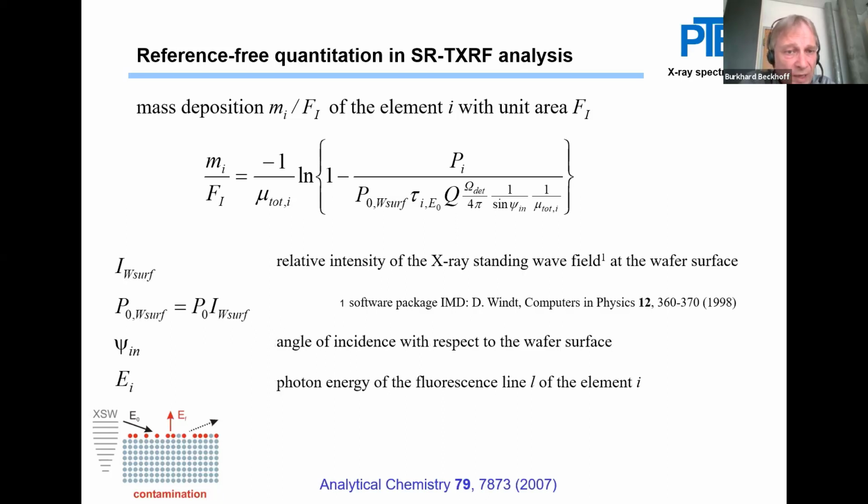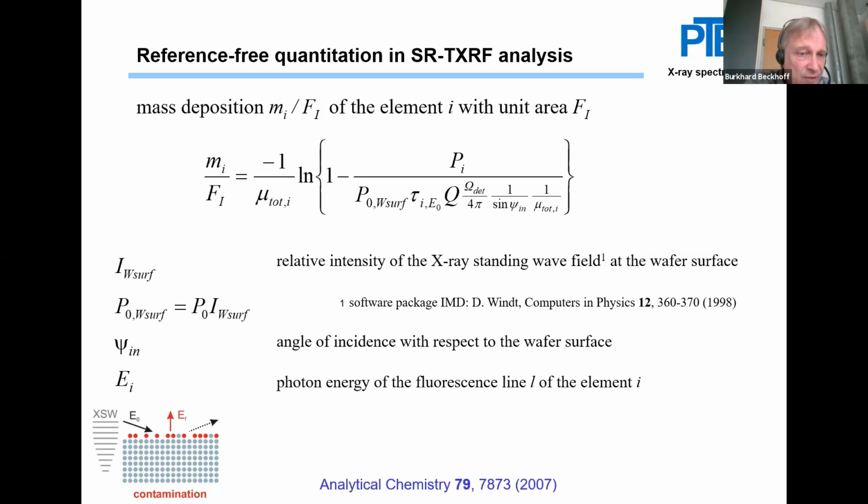Then, very important, the relative intensity of the X-ray standing wave field at the wafer surface, which for contamination is often a constant at the critical angle of external total reflection.